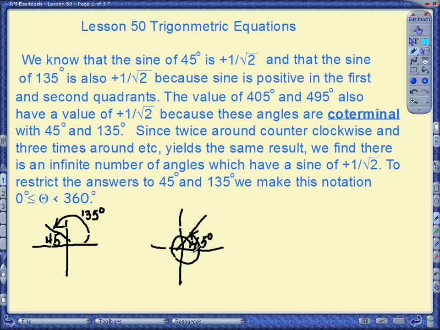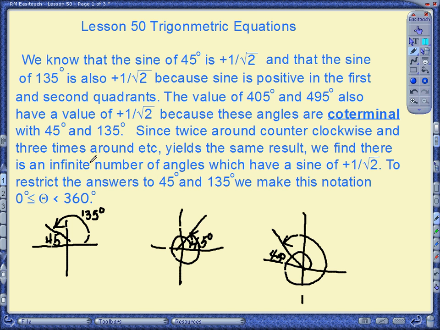And so that would have exactly the same sign. And if we do 495, we've gone around once, and we've gone 135 degrees more. And again, that gives us a 45-degree reference angle. So the sine of 405 and 495 is also going to be positive 1 over root 2.